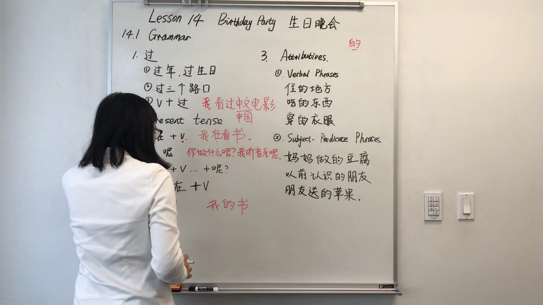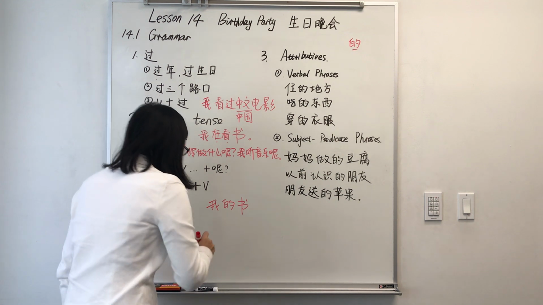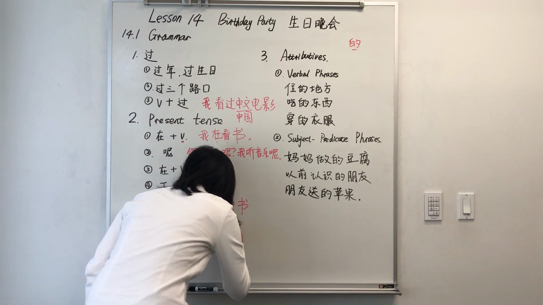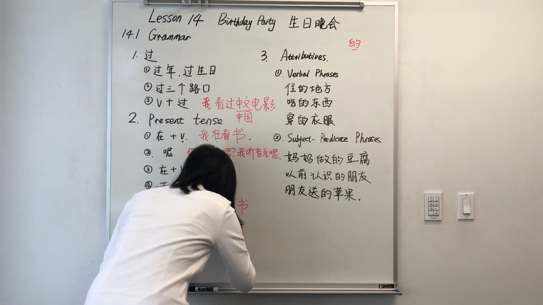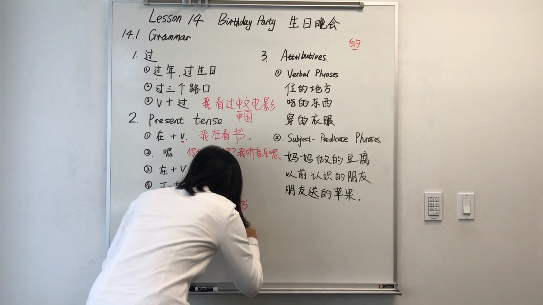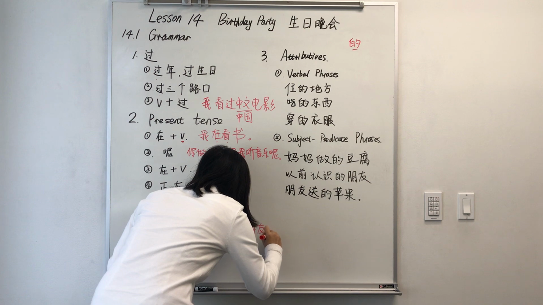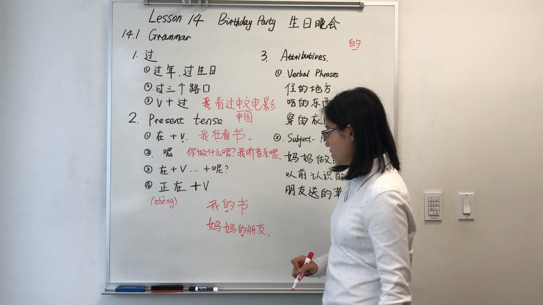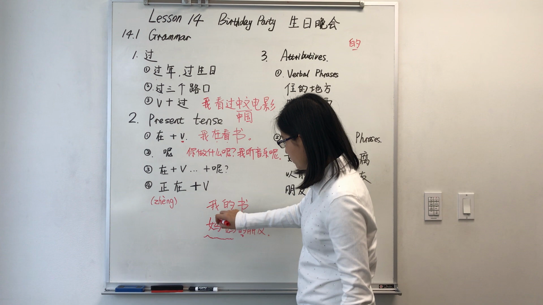My book. 妈妈的朋友, my mom's friend. The 的 here is the possessive word that connects a pronoun and a noun, or a noun and a noun.